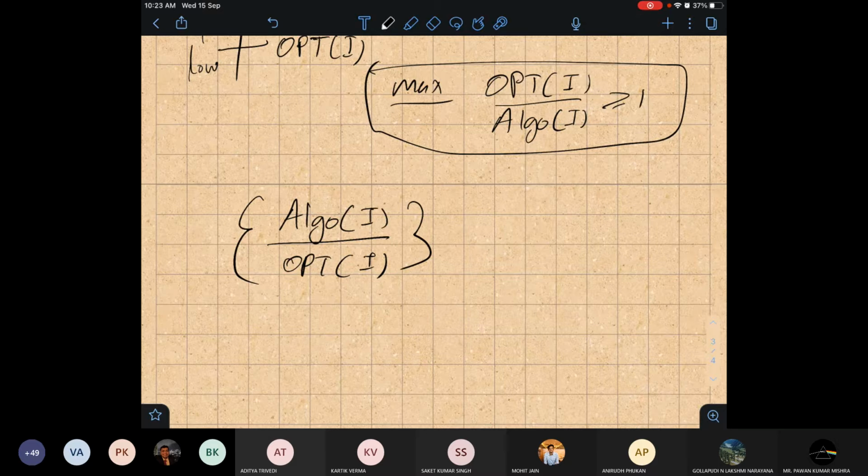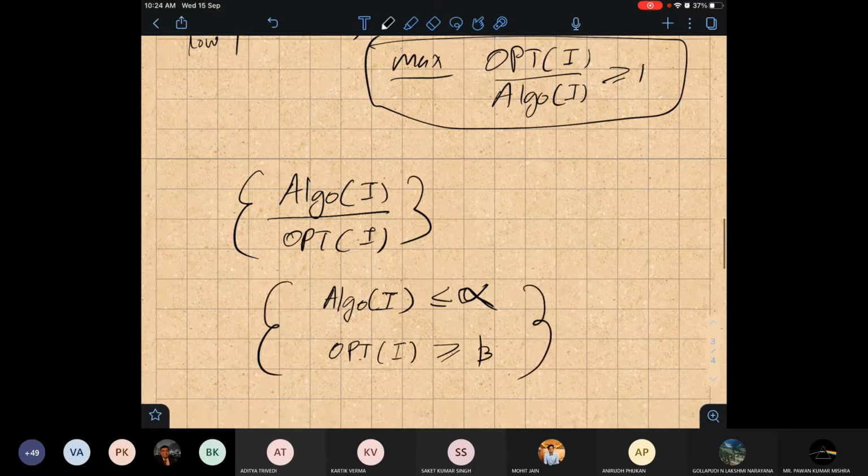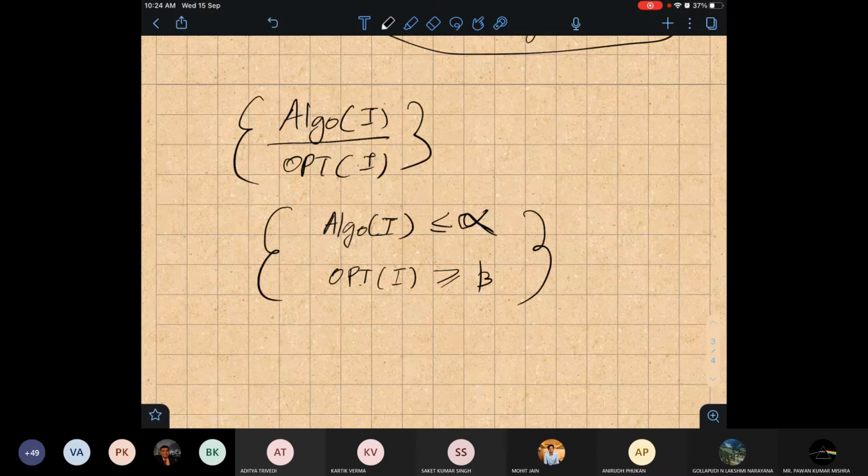We know that suppose we have some algorithm algo of I. If we can establish an upper bound for this algorithm, that my algorithm is not that bad, suppose the value is less than alpha, and my opt value is something like beta, we need to fix such a bound. And finding such a bound is the intricate part of approximation algorithms.